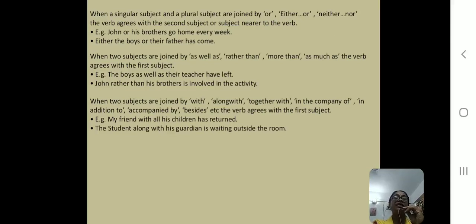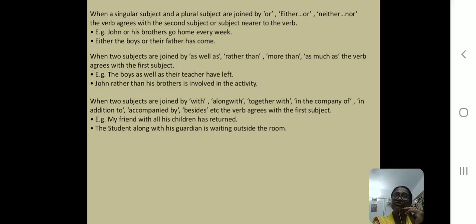The next rule is, when two subjects are joined by as well as, rather than, more than, as much as, the verb agrees with the first subject. That is, the boys as well as their teacher have left. So here we have to see the first subject. The first subject here is the boys, that is plural, and so we have to use the plural verb have here.